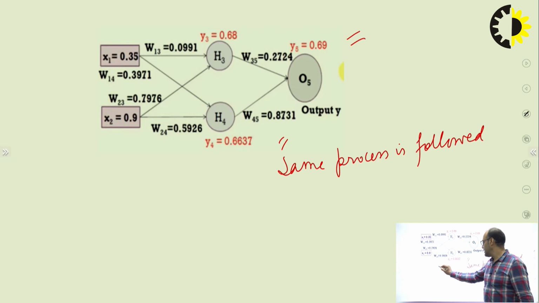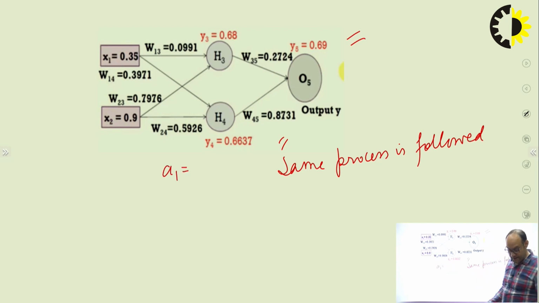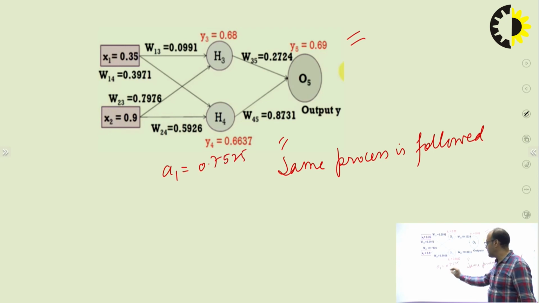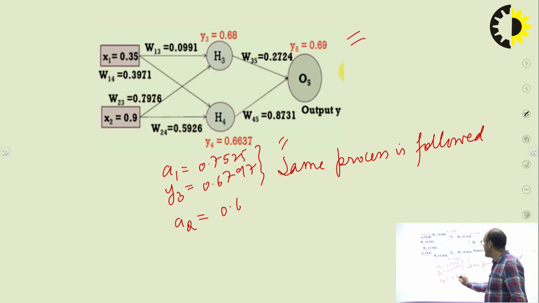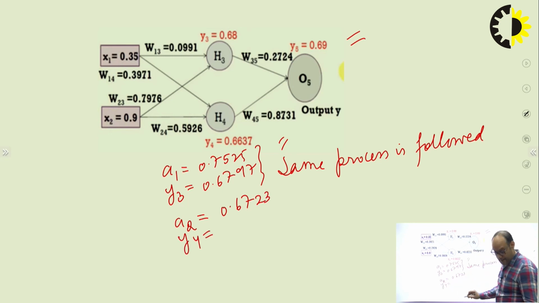So we will again calculate A1. I have calculated A1 here, 0.7525. Then I calculated the value of y3 again, and you can check it by following the same procedure: 0.696797. The A2 value comes out after calculation as 0.6723. Then y4 comes out as 0.6620, you can check it.